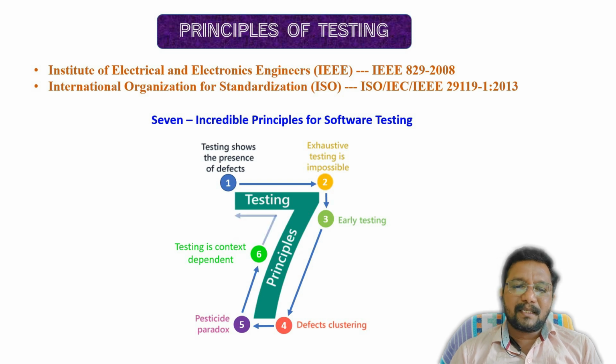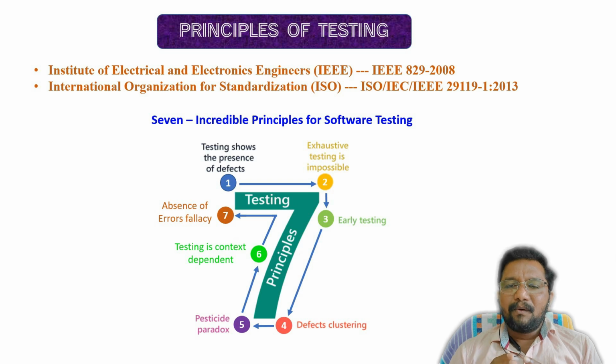And the last and the most important principle is absence of error fallacy. So absence of error fallacy is nothing but that, as we discussed in the beginning, testing shows presence of defects, not absence of defects. We cannot assure the customer that defects are absent. There is no defect in this project.